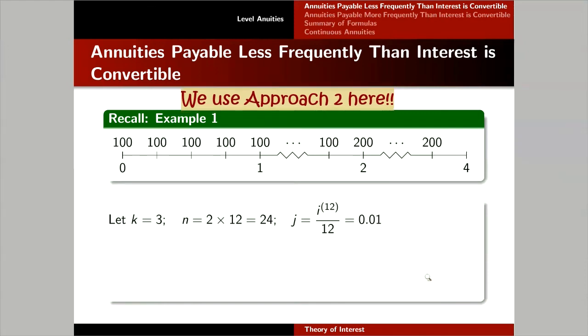With these values, we are going to get the accumulated value of this annuity. Obviously, it is an annuity due. Let's recall the formula for the accumulated value of an annuity due where PP is less than ICP.